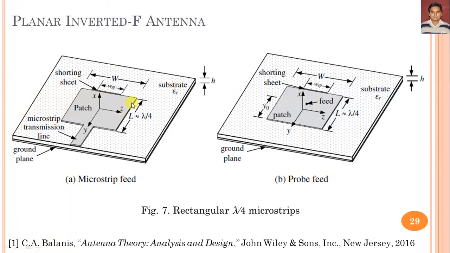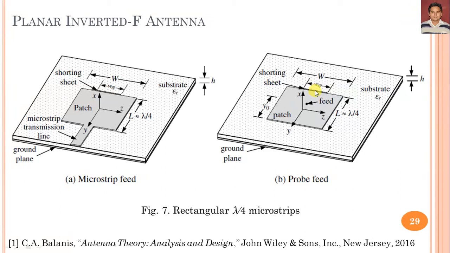Importantly, it is a variant of L equal to lambda by 4 when we give the microstrip feed line. When we give the probe feed, you can see here this is the feed element and this is the shorting sheet.